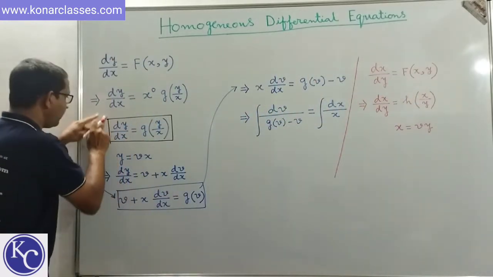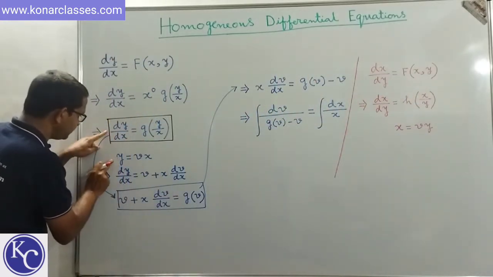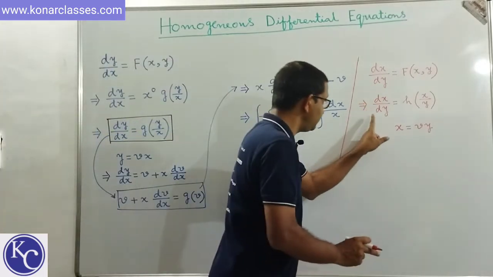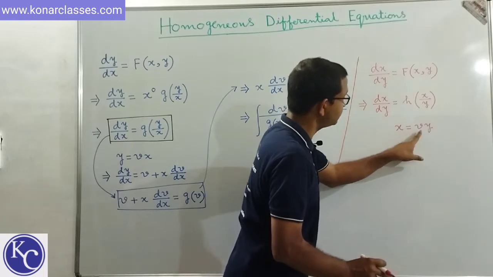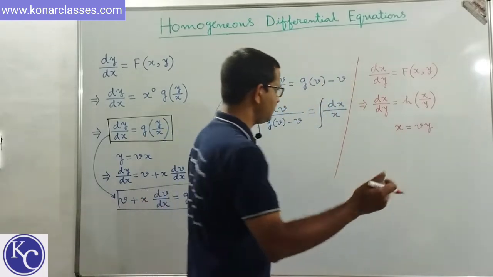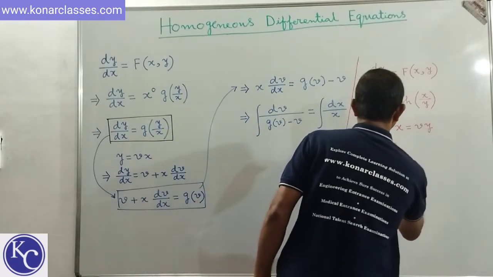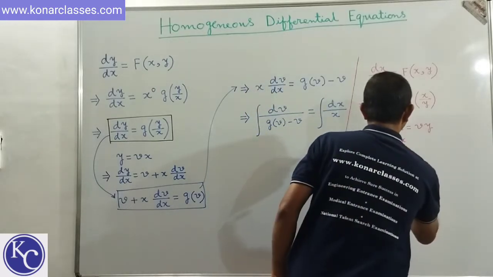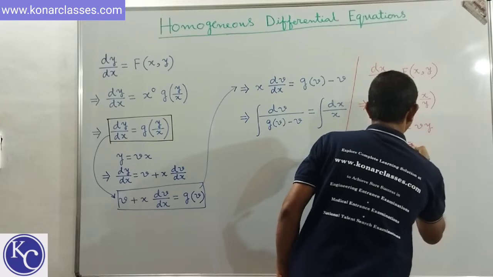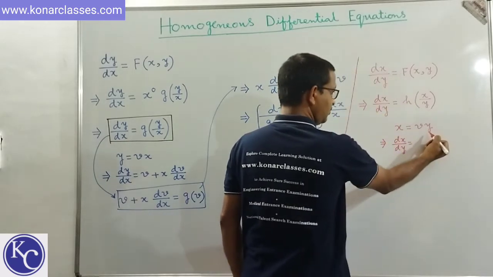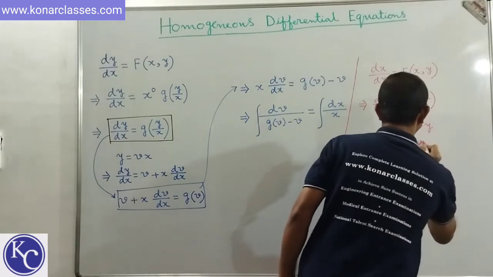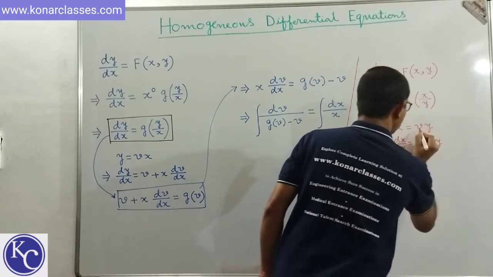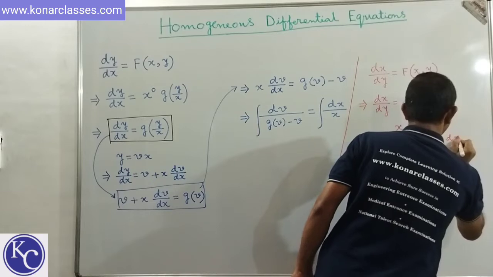Okay? If this is the case, then your substitution should be x equal to v times y. Remember, when it is dy/dx the substitution is y equal to vx. If the given question is dx/dy, then the substitution should be x equal to vy. After the same thing, here we will differentiate both sides with respect to y. That means dx/dy, product rule of differentiation with respect to y, that means v times d/dy of y, that is 1, plus y times d/dy of v, that means dv/dy.